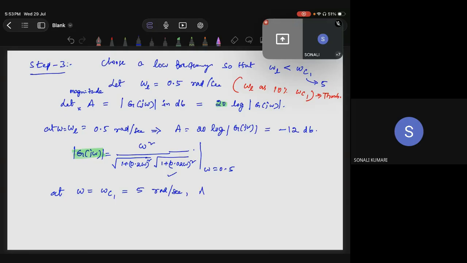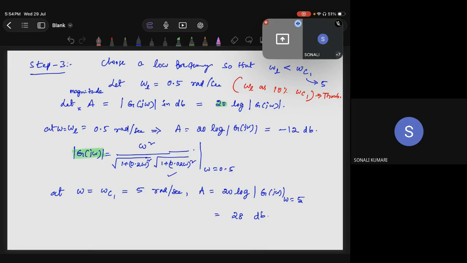Again, find the same thing, 20 log mod Z of j omega, at which omega is equal to 5. Clear? Now if you do that calculation, you'll get 28 dB. I'm giving that value directly here. You can check it later. Is there any doubt here?